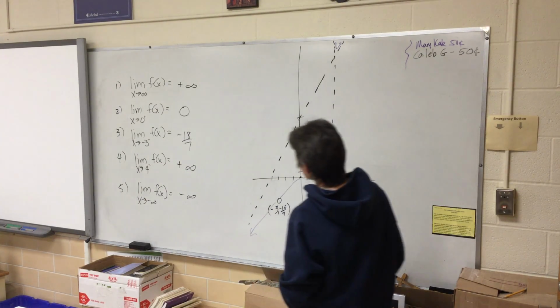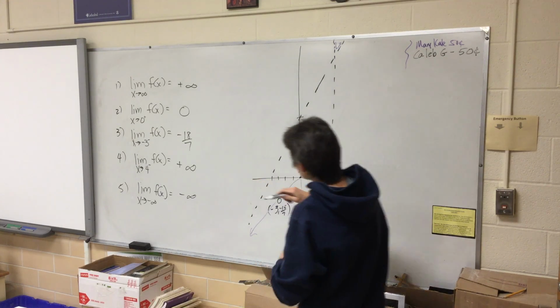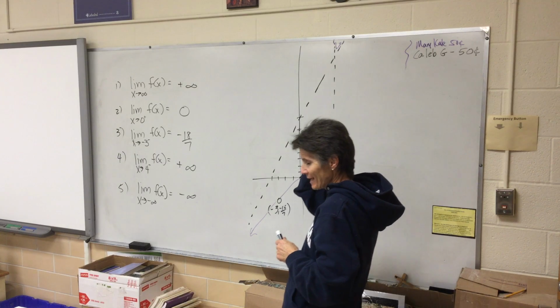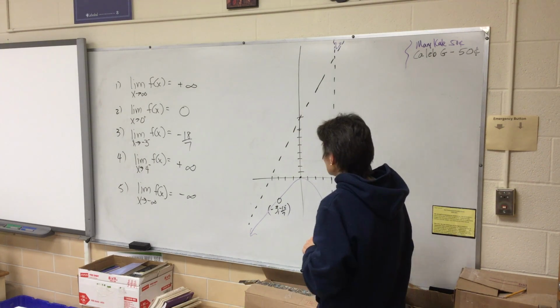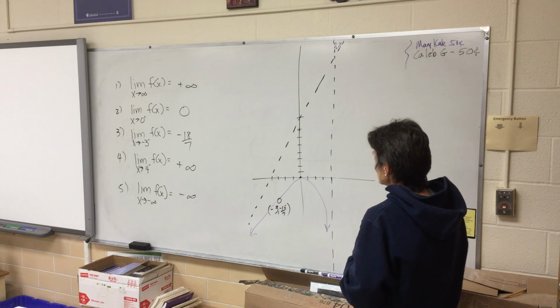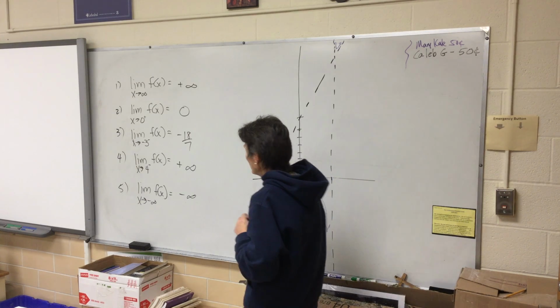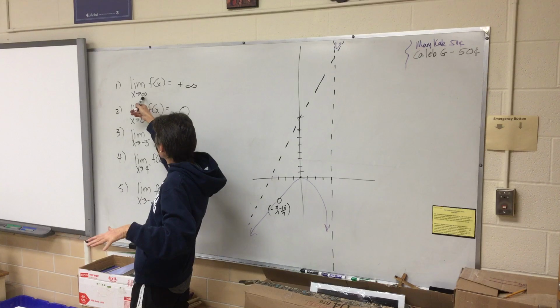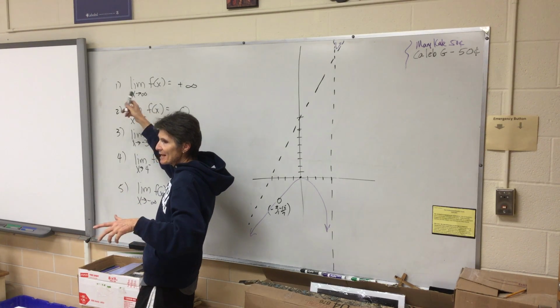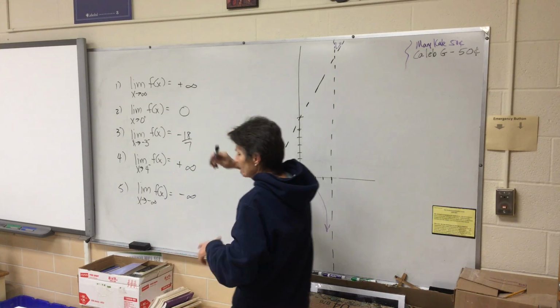So the first one said x is approaching infinity. Where do I look on my graph if x is approaching infinity? Because x is going on forever. That's what I want you to say. This says go to the right.